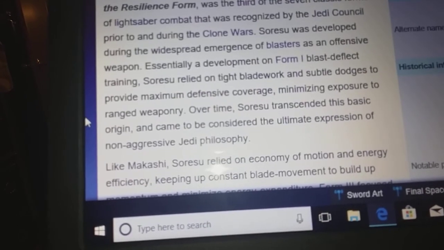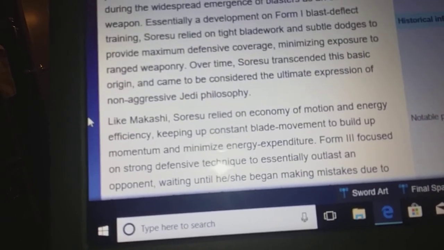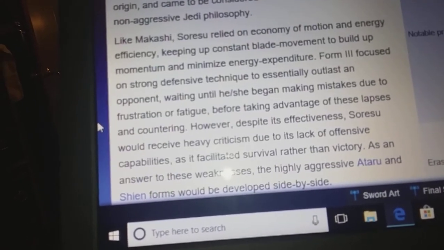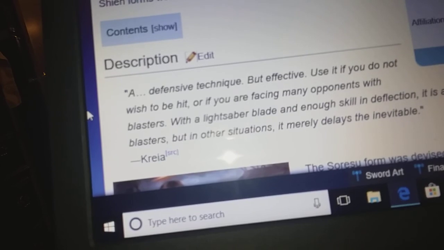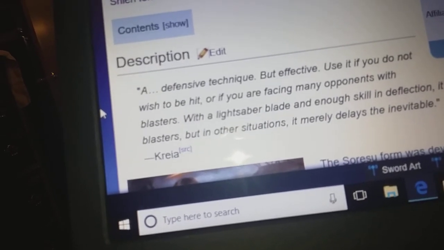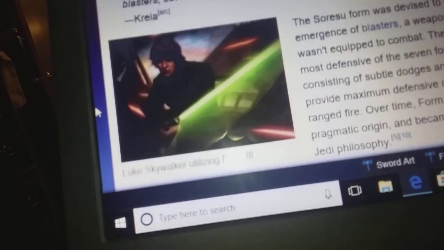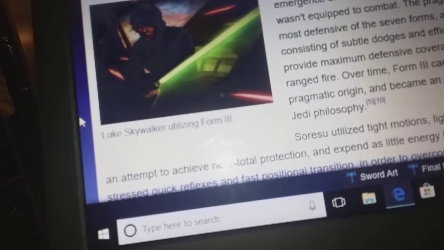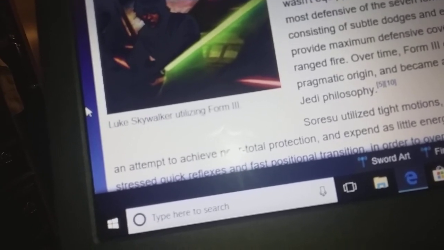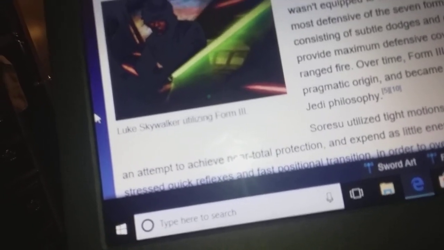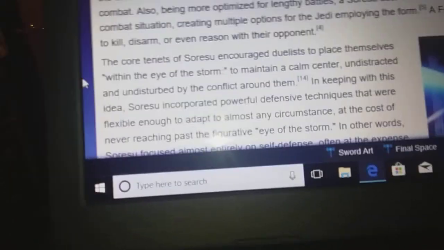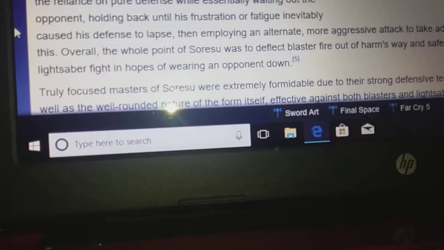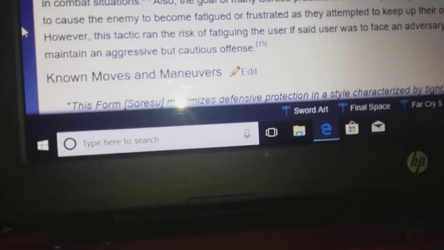However, unlike Makashi, you won't get screwed over if they don't have a gun. Basically, it's a more defensive variant of Form 5.